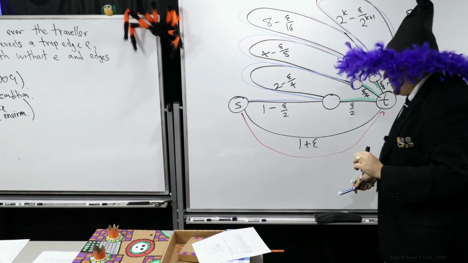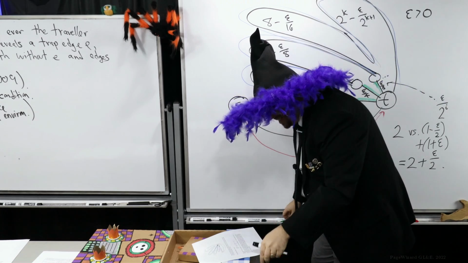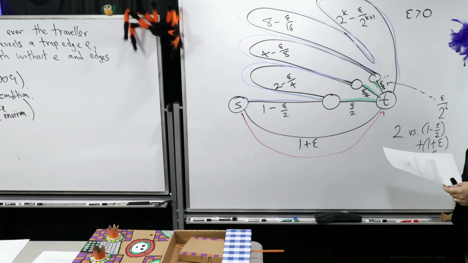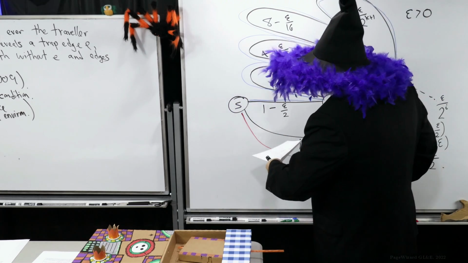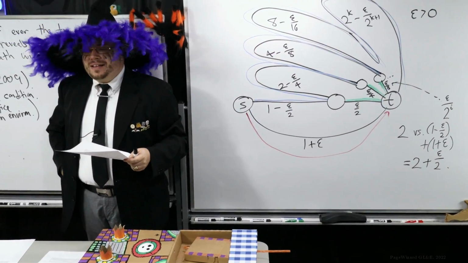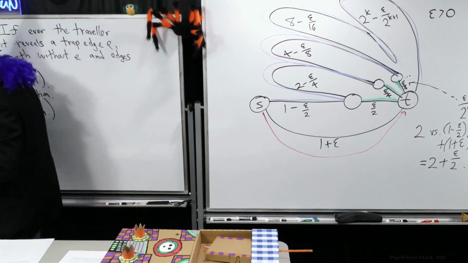And let's figure out what's going on. So what's the length of this path then? Notice that I have something that looks like it's growing geometrically. So let's put the sum together.